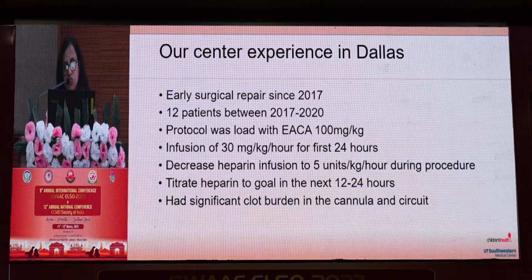And with that change in our protocol, we found that we had much less clotting of the cannula and the circuit. So the moral of the story is that I think it is important to look at your own center experience around procedures and to have some guideline on how you want to titrate your anticoagulation.